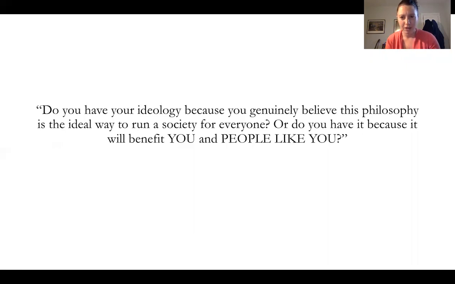Some of you might be thinking, screw you, Amira, I have an ideology and it's genuine and it's coming from the right place. And that might be true, right? There are people out there that genuinely are principled conservatives and genuinely are principled libertarians and liberals who really believe in the role of government.